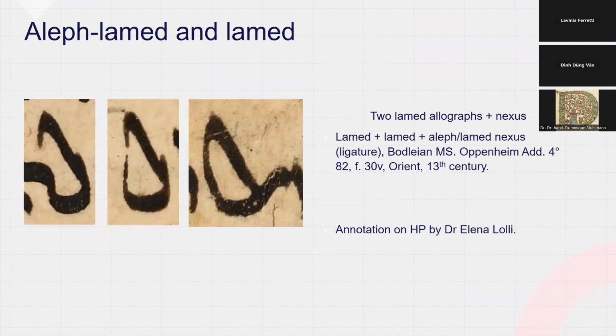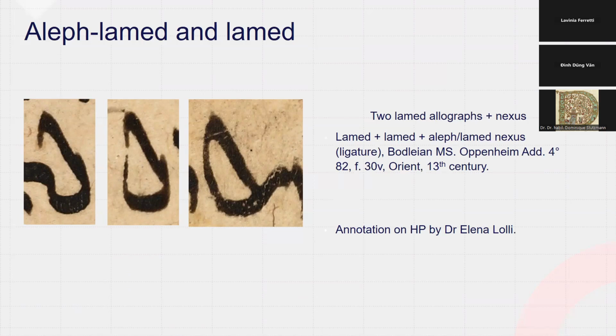Let's say another, if we compare the Aleph Lamed nexus or ligature with a lamed, we can see how it works in stages. So this is more of a regular version with a gap between the upper part and the lower part.